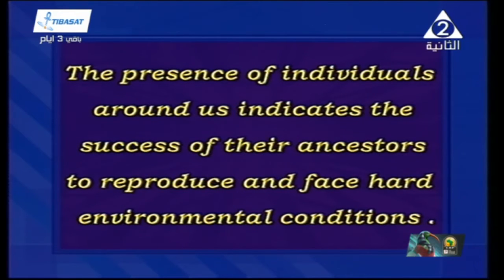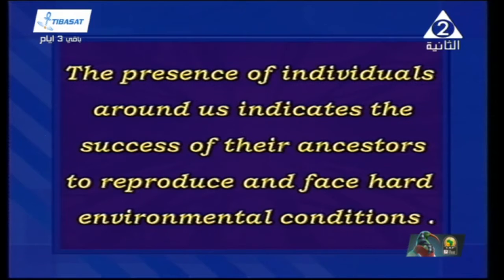One of them failed in reproduction, so they are absolutely extinct, like dinosaurs. On the other hand, some species can adapt to the harsh environmental conditions, and their ancestors faced most of these conditions, so they exist right now.